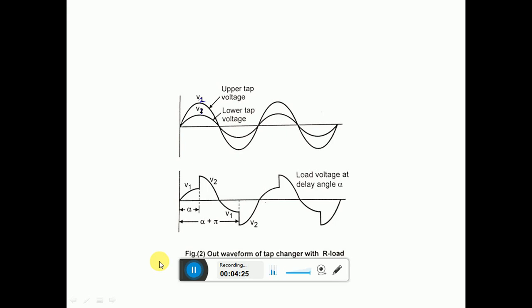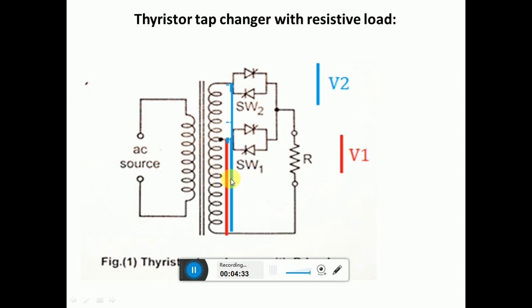Again, let me repeat this one. Let me go to this diagram. When switch 1 is on, we'll get V1, which is shown in the waveform. Similarly, at which instant will we turn on the other switch? At alpha equals 0, the waveform will be similar to V1.